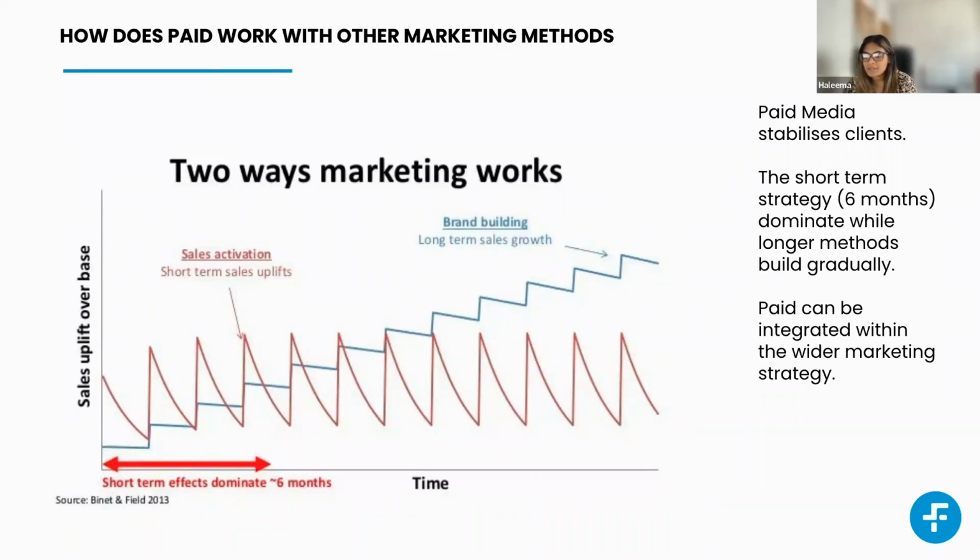Whereas with paid, it can be short term but integrate into long term, and it does get the peaks and troughs and the sales uplifts in the short term. So it's something that stabilizes clients, and it is a strategy that will dominate within the first 6 months, whilst the other ones build gradually. It is something that can be integrated within the wider marketing strategy.